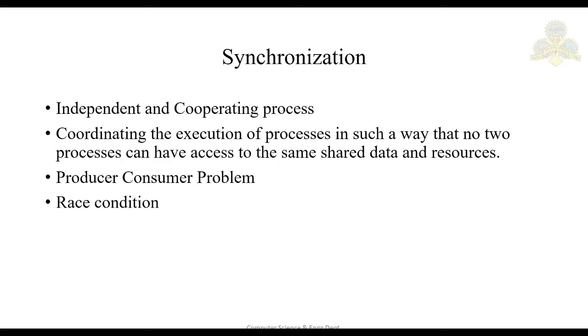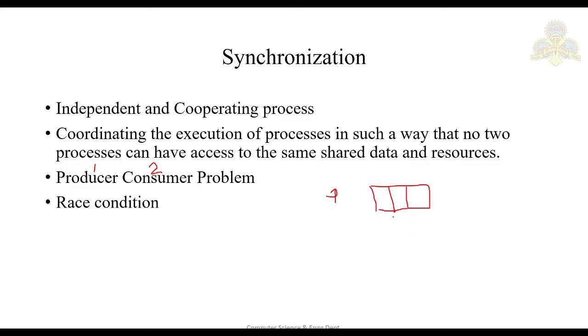Okay, so in the producer consumer problem we have two processes. One is producer process, another one is the consumer process. The producer is a process which produces an item and keeps the item in the buffer.